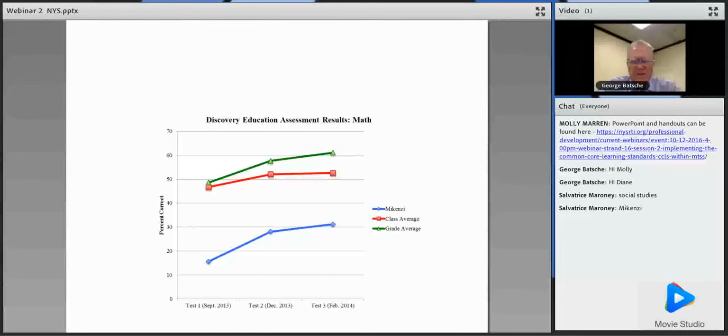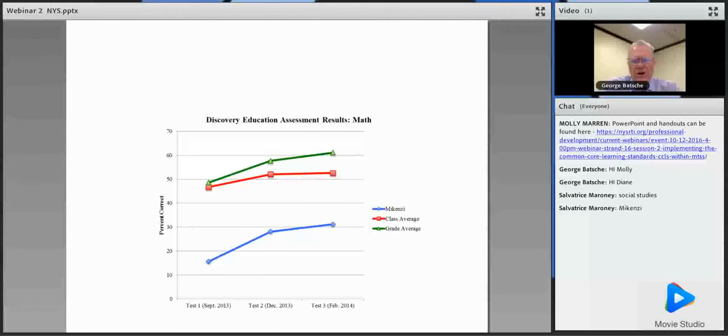So if you extended the line from the first 2 data points, you would see that Mackenzie, by the end of the year, had that rate of growth continued, she would probably come pretty close to the other students.